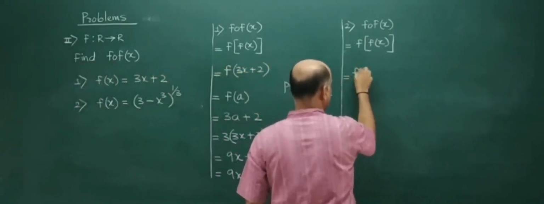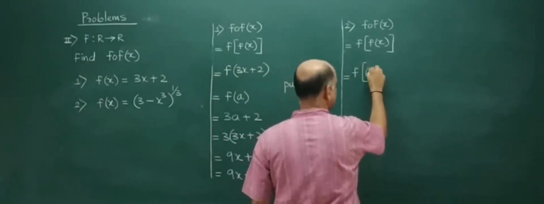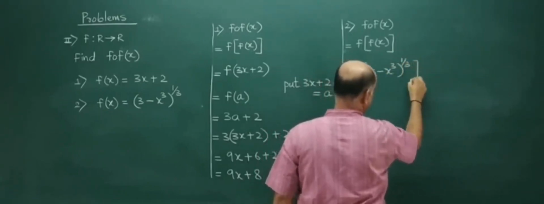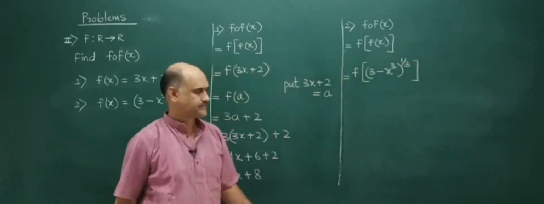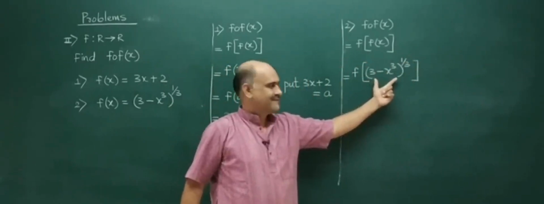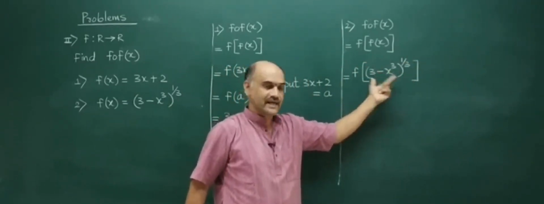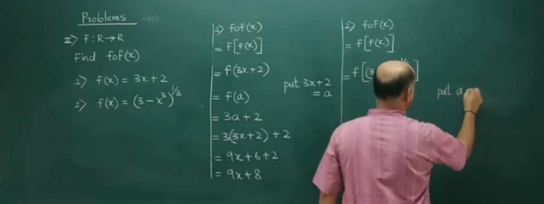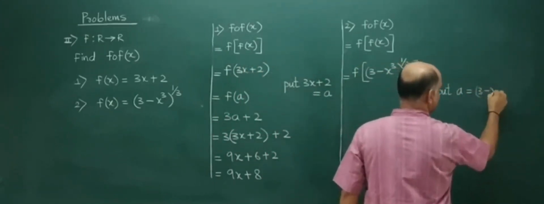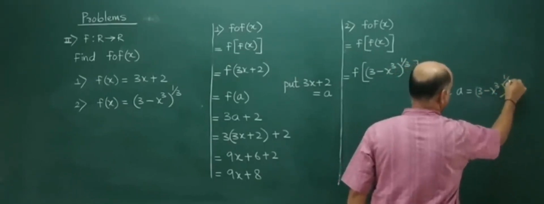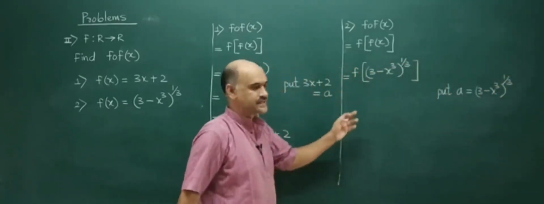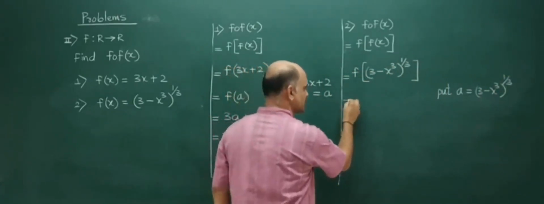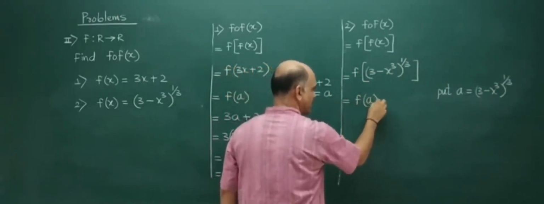So f into bracket 3 minus x cube raised to 1 by 3. Now I will take this one as a. So put a equal to bracket 3 minus x cube raised to 1 by 3. So this will be f of a.